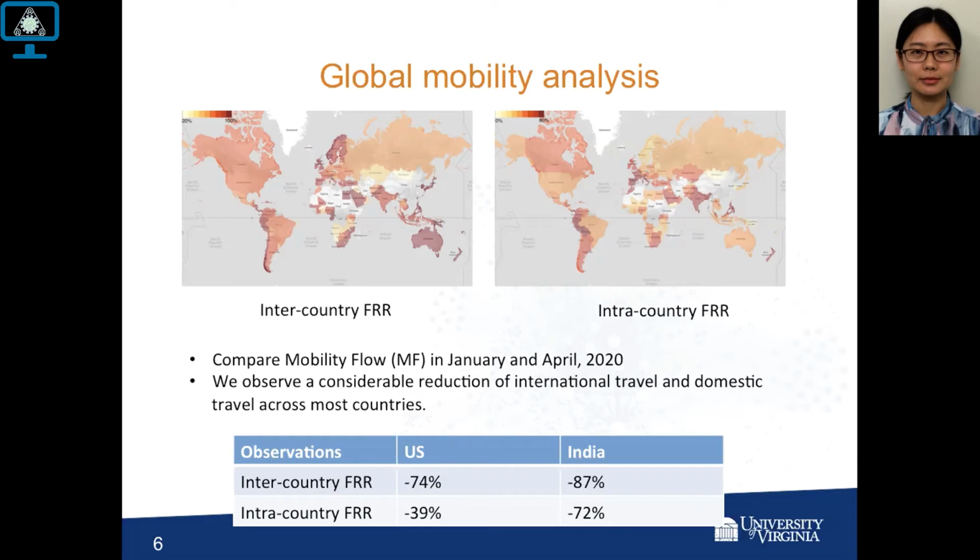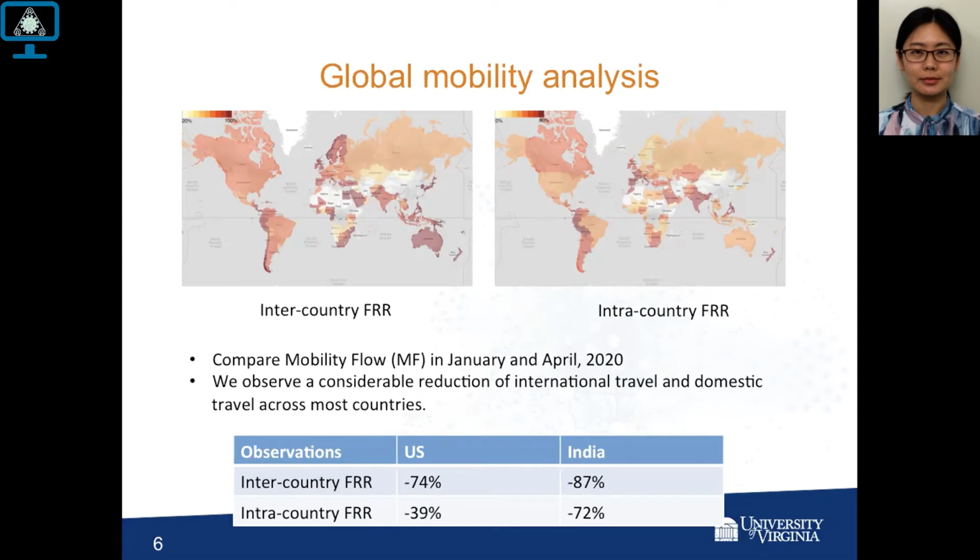And we take two different countries to make a detailed analysis, the US and India. We choose the two countries due to their size, the population density, the epidemiological context, and differences in how policies are being implemented.